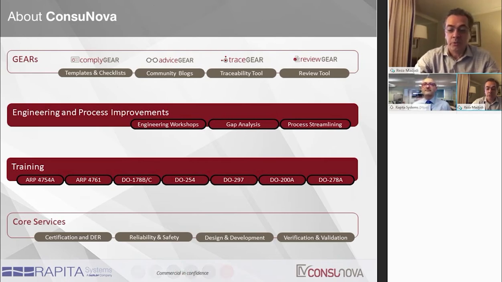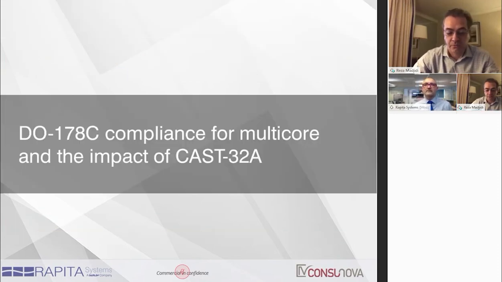As Ben mentioned, we're going to talk briefly about the certification aspects of multicore within the realm of avionics and capture the highlights of CAST-32A. We have arranged a good workshop where we will talk in detail about the CAST-32A implications and multicore timing analysis.